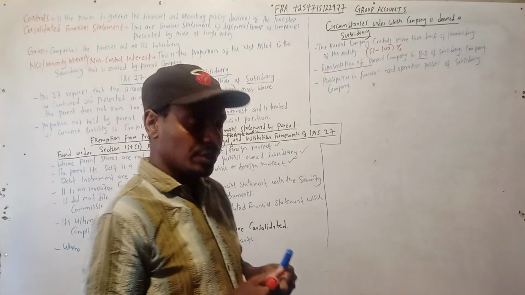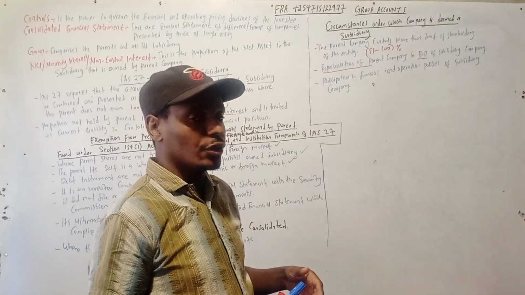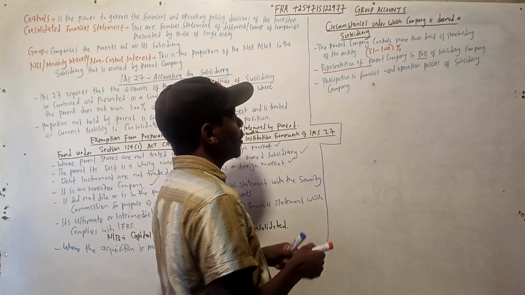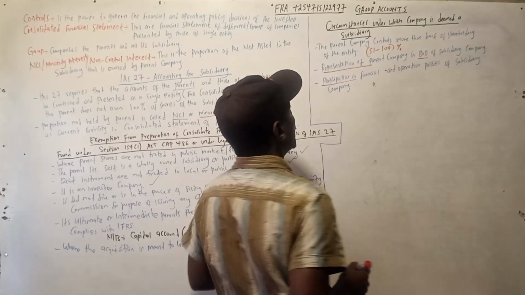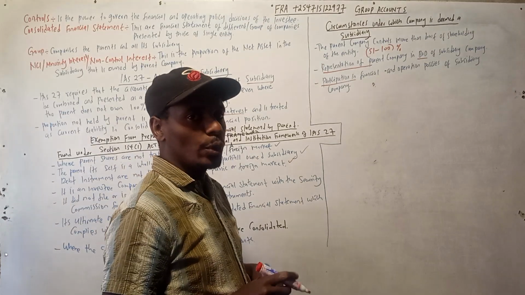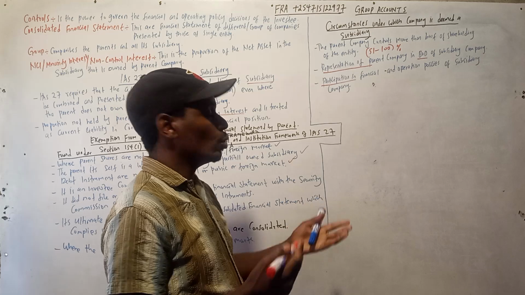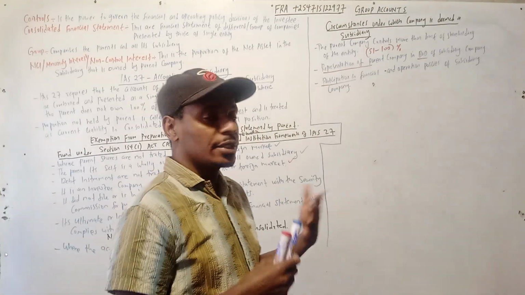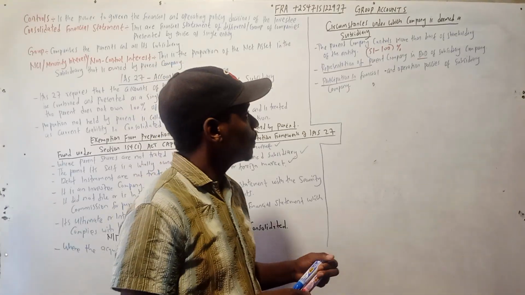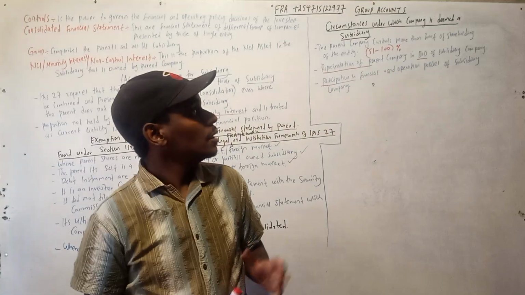So in case they have a meeting, they are there, meaning they have control. And then where the parent also participates in the financial and operating policies of the subsidiary company.